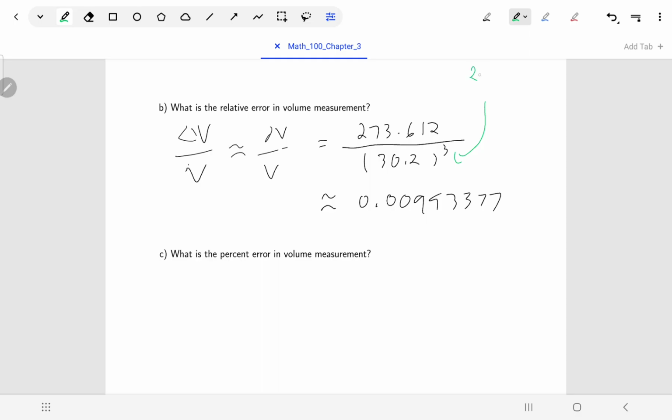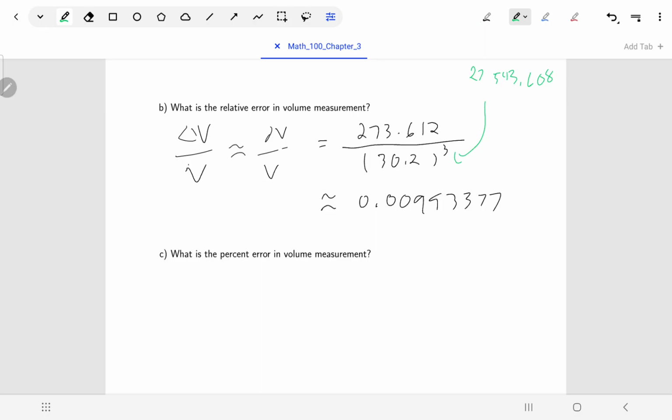The actual volume that we calculate is 27,543.608. So although it sounds like being off by 273 is a lot, compared to the actual volume, it really isn't that much, and that's why our relative error is a small amount.